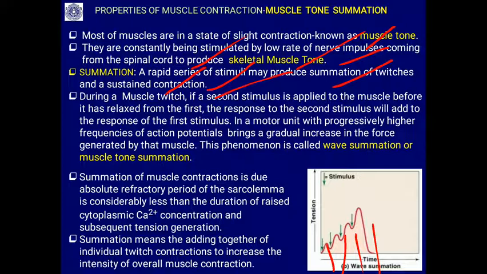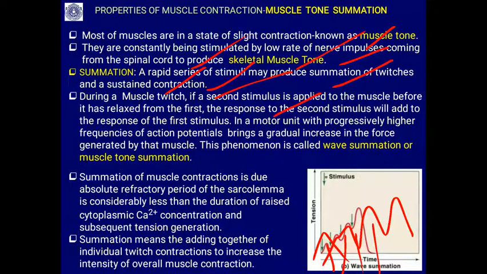During a muscle twitch, if a second stimulus is applied before the relaxation period, the second stimulus is added to the response. If the original peak is like this for a single stimulus, the second stimulus adds to it, and there is a wave of summation.